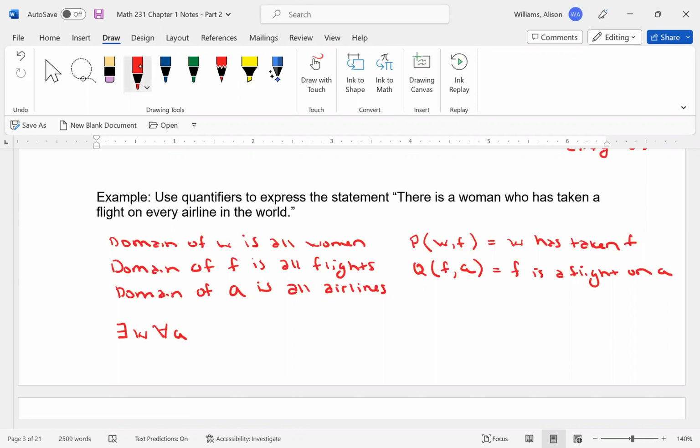So for all of the airlines, there is a flight, oops, I'm sorry, it's supposed to be an F, not a Y. There is a flight that she has taken. So there is a woman where we look at all the airlines and she's taken a flight with every single one of them. But now we have to say that using our proposition. So we're saying then that she's taken a flight, and this is for all flights associated to the airlines. That's how we would make that statement.